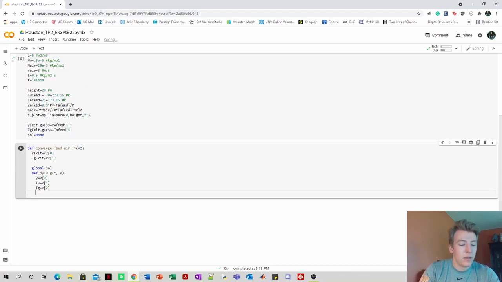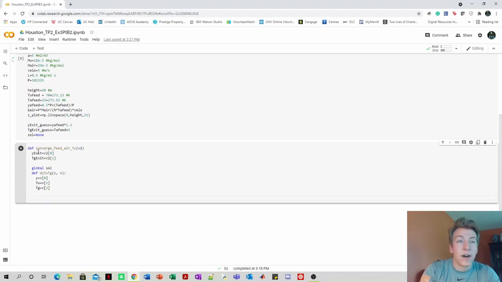Now that we have that, we can then go and define more variables. So we want to start with the gas flow rate of water, which we know from deriving is the mole fraction Y divided by 1 minus Y, times the G air, which is the gas flow rate of air, times the molecular weight of the water, which we already know for both of those, and that is then divided by the molecular weight of the air.